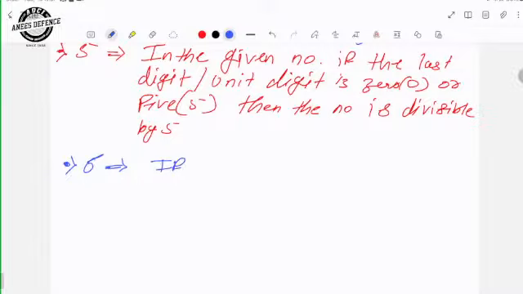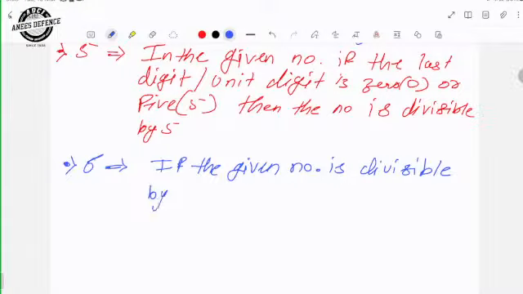If the given number is divisible by 2 and 3, then the number is divisible by 6.